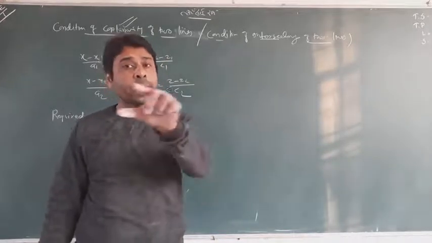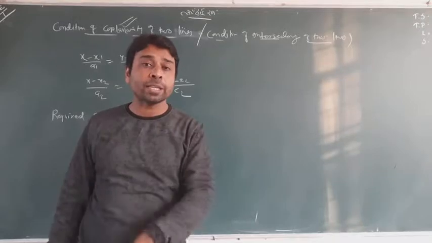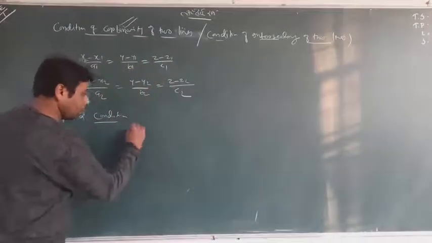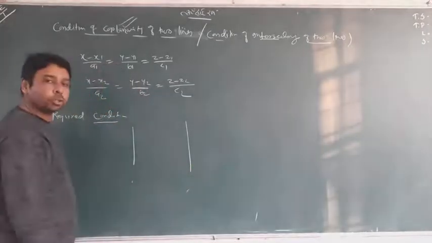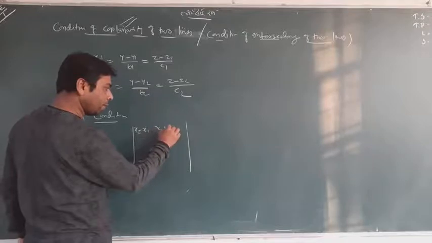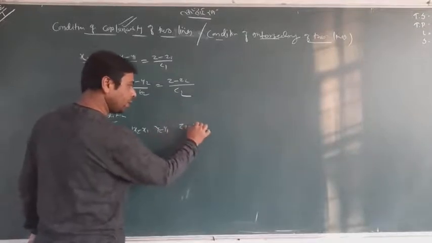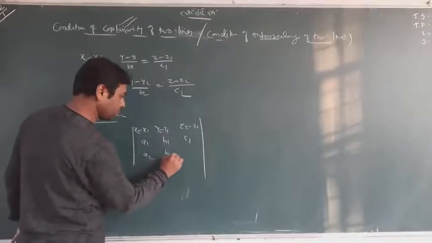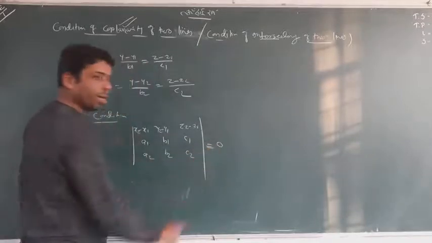So show that lines are coplanar, show that lines are intersecting. What will we show? You have to show the determinant with rows x2 minus x1, y2 minus y1, z2 minus z1; a1, b1, c1; a2, b2, c2 should be 0.